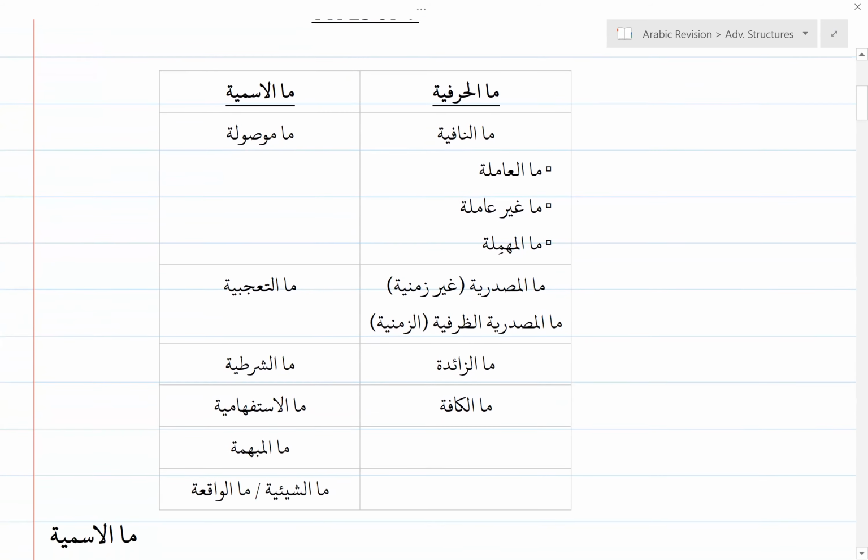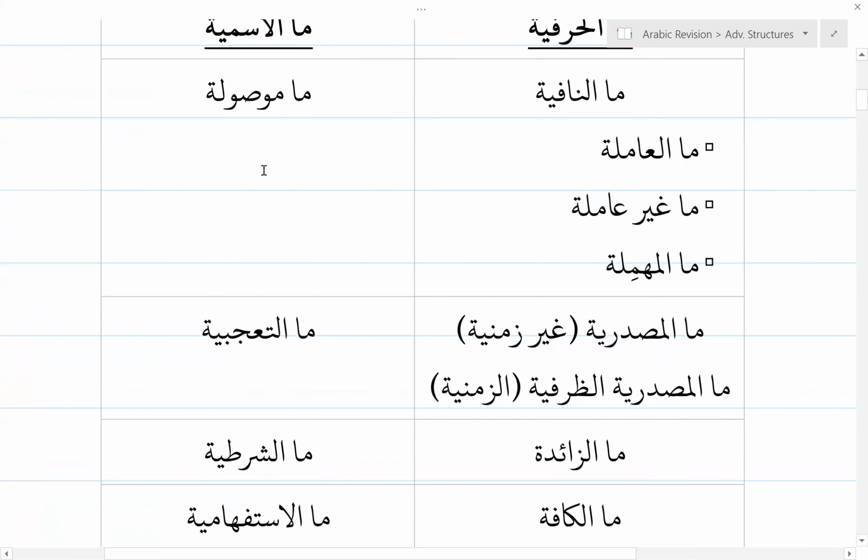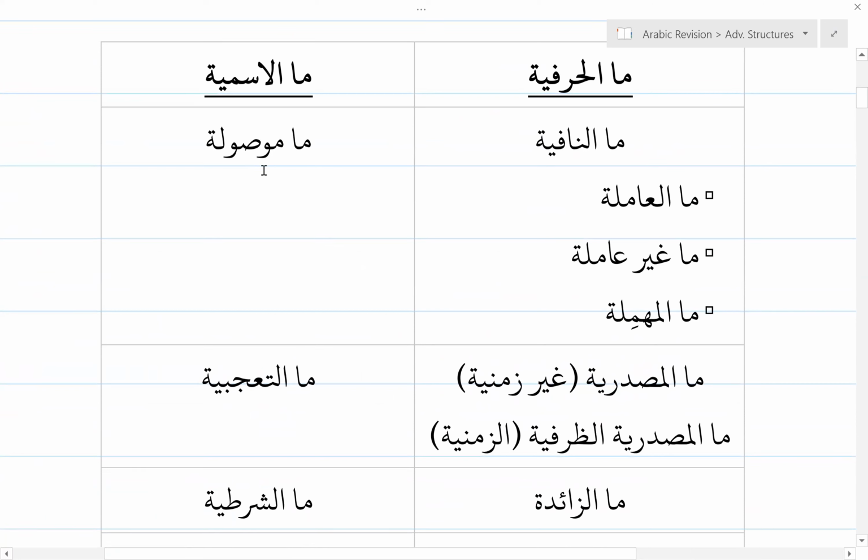So this is just basically the summary of the ma al-ismiya and al-ma al-harfiya. Under ma al-ismiya, we have ma mawsula, and we already covered ma mawsula some time back when we were talking about ismul mawsul and silatul mawsul.